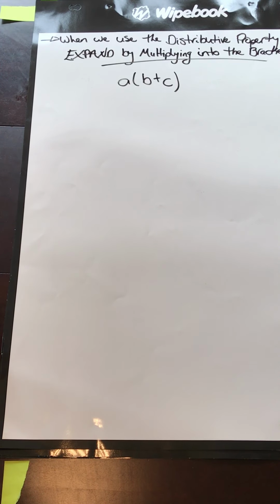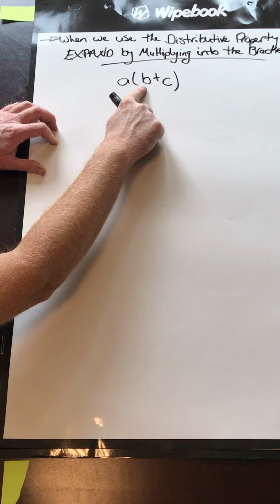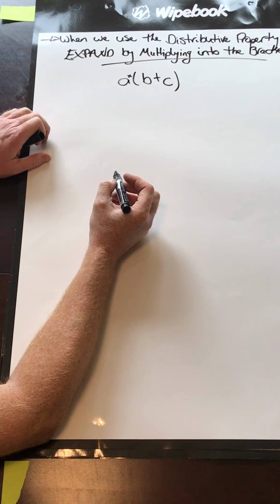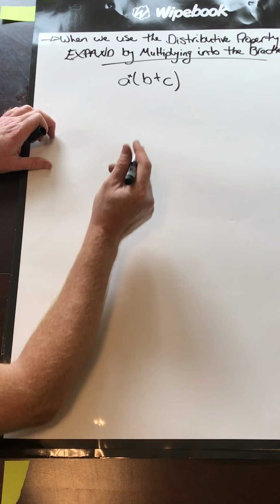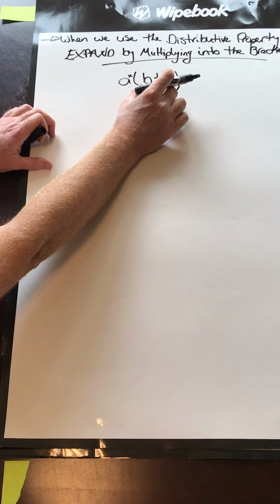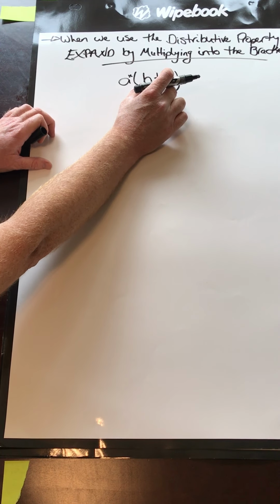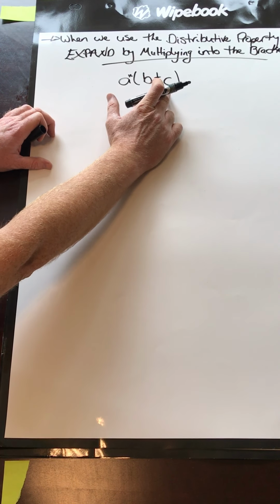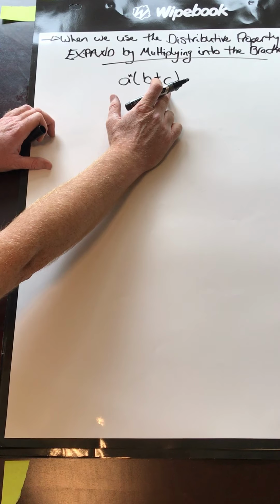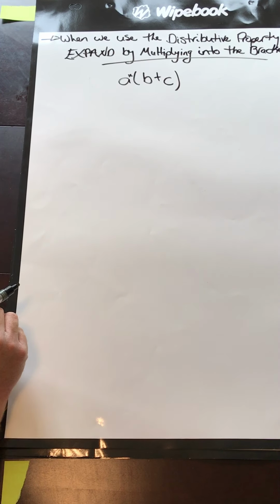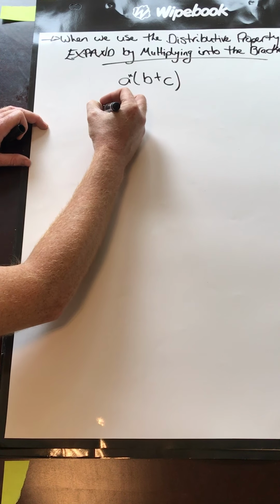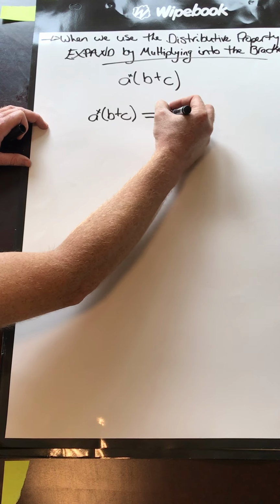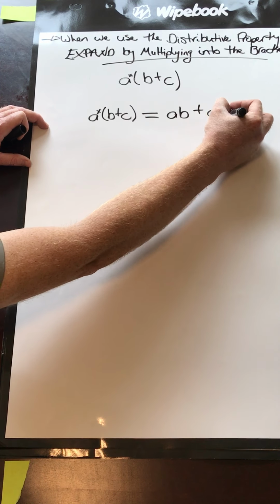All right, so we have this here, A times B plus C, and using my BEDMAS rules, I would normally add what's in the brackets, but I cannot add what's in the brackets because B is one variable and C is another variable, and therefore they're not like terms, so I'm not able to add. But I know that A bracket B plus C is equal to AB plus AC.